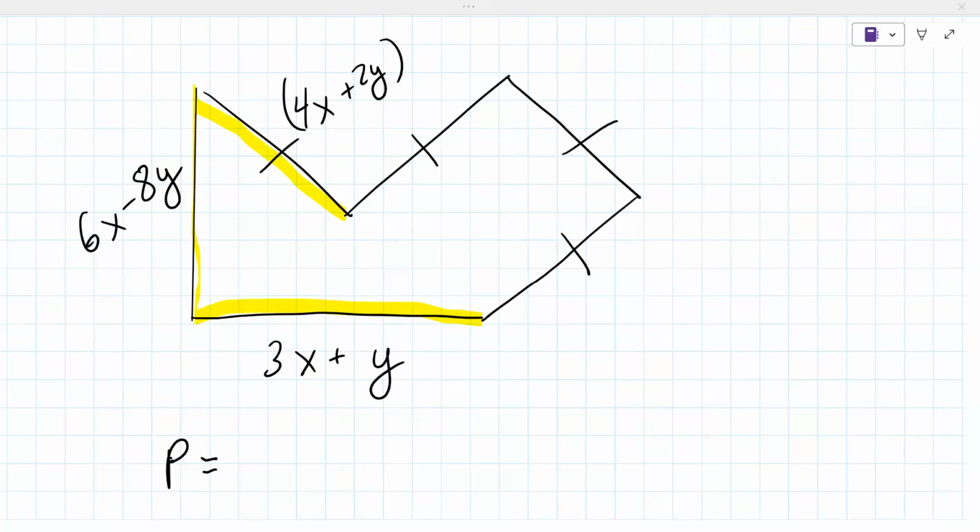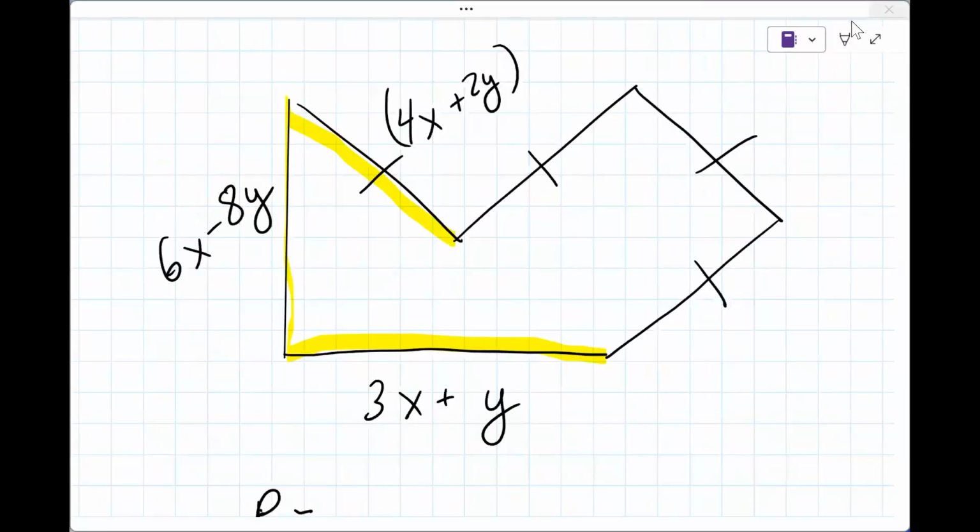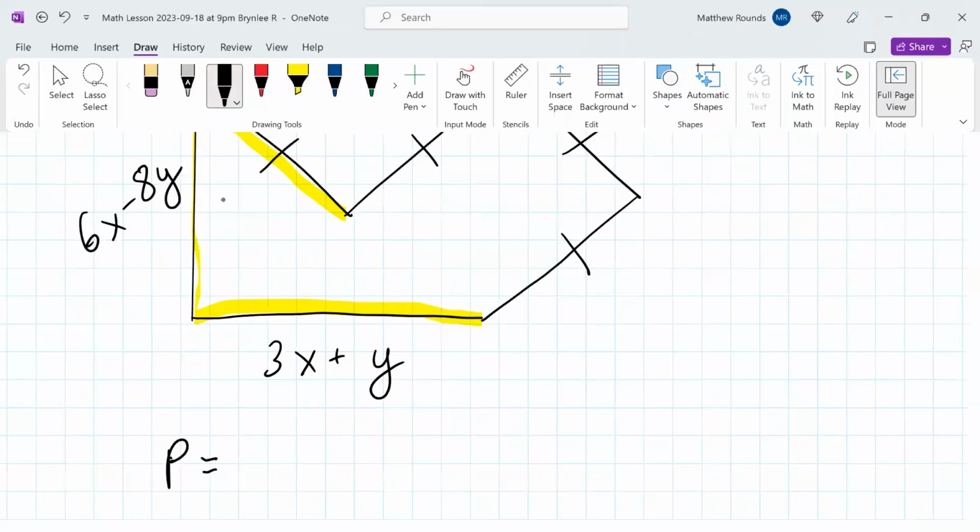So you want to add these in on your paper or by hand. Sorry, I'm having a lot of trouble here with my technology. There we go.